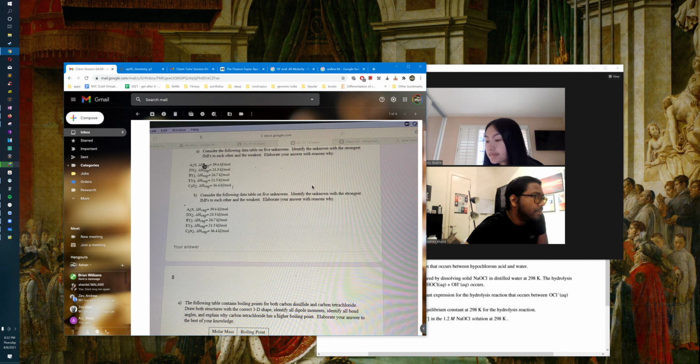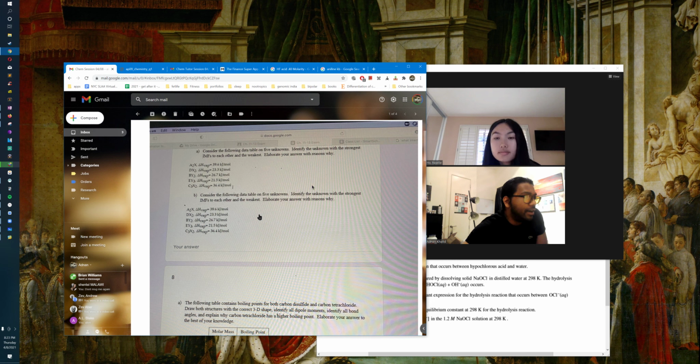Okay, so that heat of vaporization, that enthalpy of vaporization, is how much energy is needed per mole for that compound to boil, right? To get into the vapor phase.